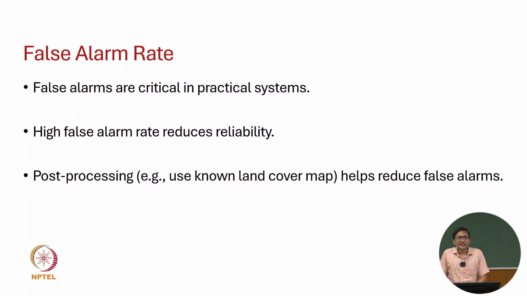We mentioned before that the false alarm rate is one of the critical aspects in hyperspectral anomaly detection. High false alarm, of course, reduces reliability, whereas on the other hand, one would agree that missing out on the anomaly may be of more concern.